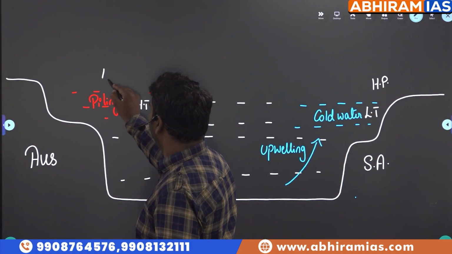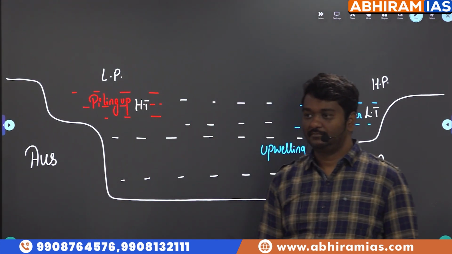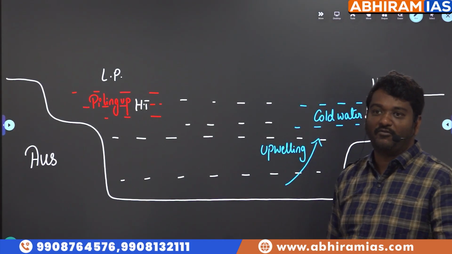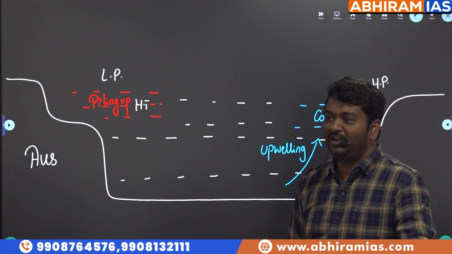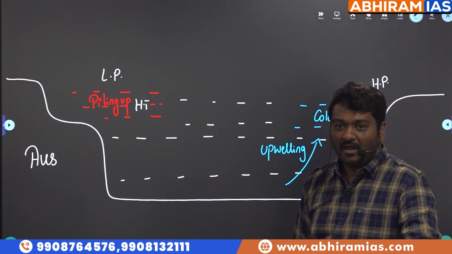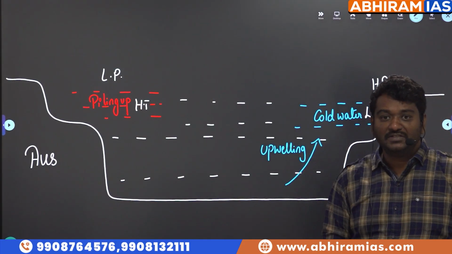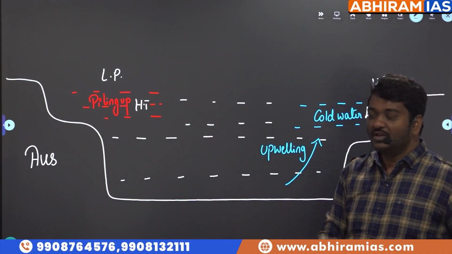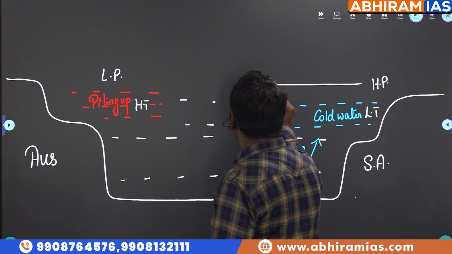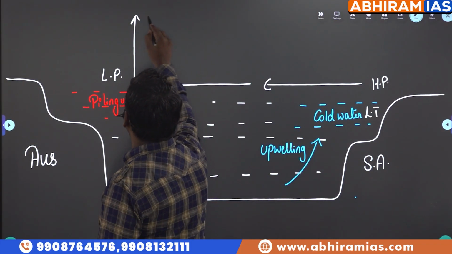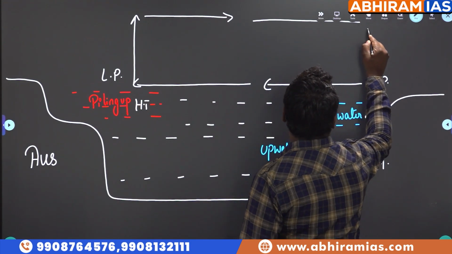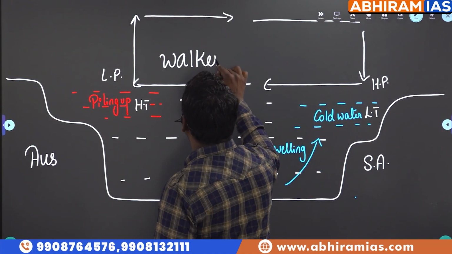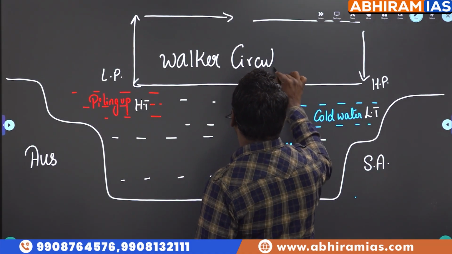High temperature, low pressure. Correct? Now, two words you should remember. What is it? Piling up of warm water near Australia, upwelling of cold water near South America. Upwelling normally brings oxygen to the surface. It increases fishing. Okay? So, high pressure to low pressure rises. What is this called as? Walker circulation.